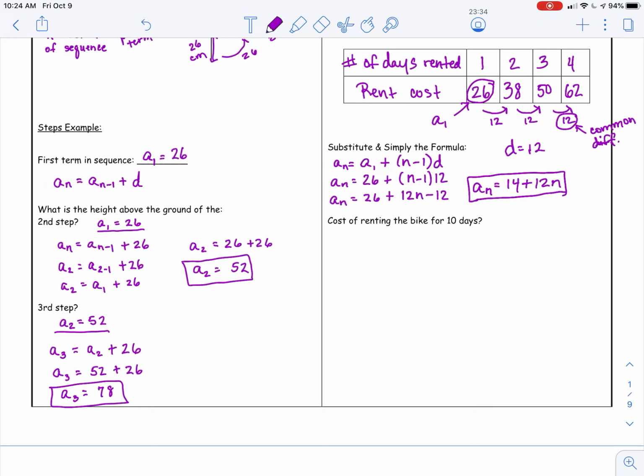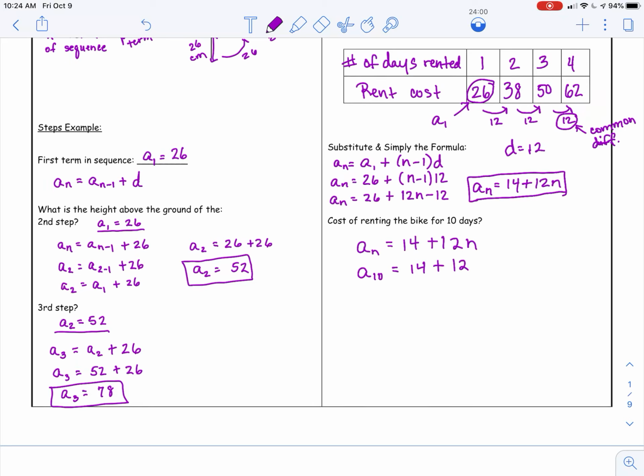Now, I am going to use this formula to find out the cost of renting the bike for 10 days. So let's rewrite the formula that we just came up with for this particular sequence using the explicit formula, and we're going to fill in what we have here. So we're looking for not just an nth term now. Now we have a term that we're looking for, and it's going to be the 10th term.